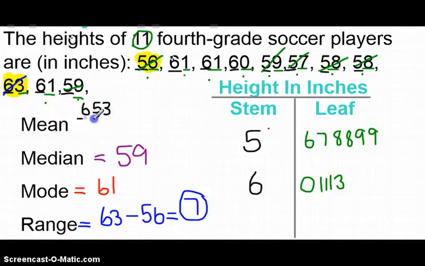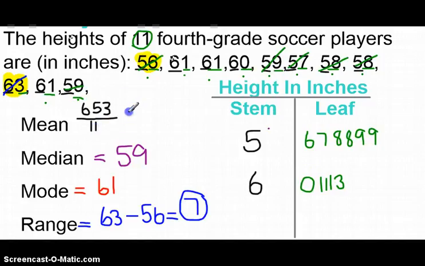After you add it, you need to divide by the total amount of numbers in your data set. So 1, 2, 3, 4, 5, 6, 7, 8, 9, 10, 11. Or again, you could use your stem and leaf. Sometimes the numbers aren't given to you in a problem.